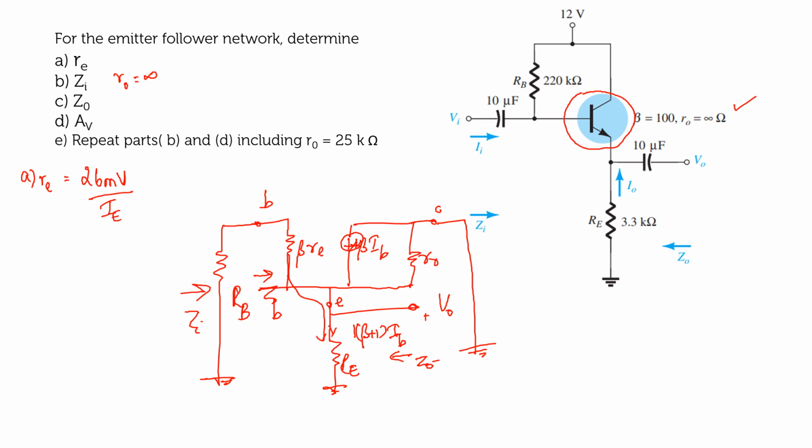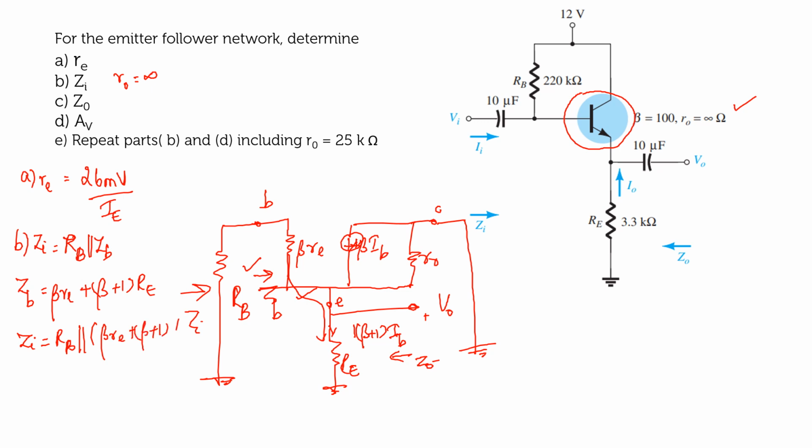What will be your Zi, input impedance? Your second part, B part, Zi will be equal to capital RB parallel to ZB. What will be your ZB? ZB will be equal to beta Re plus beta plus 1 into capital Re. Therefore Zi will be equal to RB parallel to beta Re plus beta plus 1 into Re.